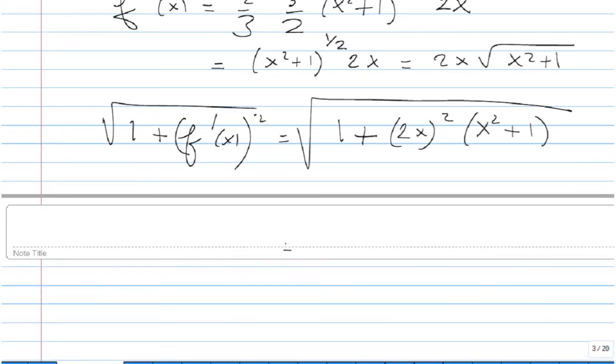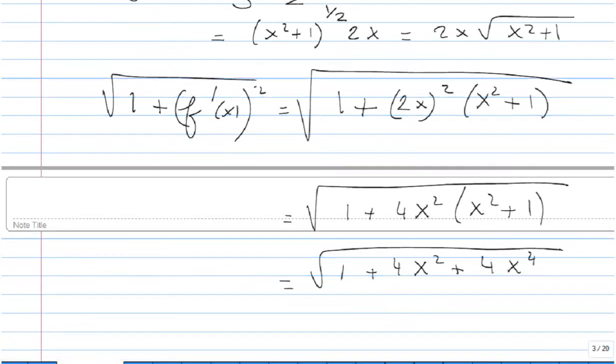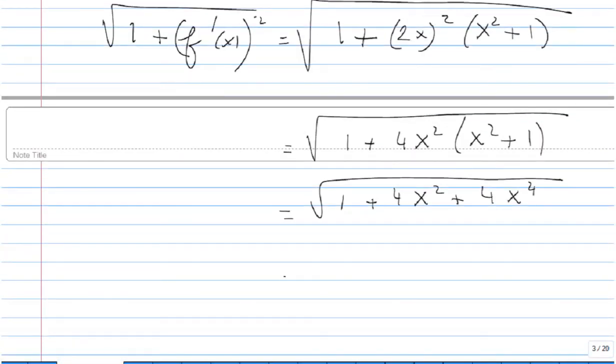If we do a little bit of algebra, that's 1 plus 4x squared times x squared plus 1. That's 1 plus 4x squared times 1, which is 4x squared, plus 4x squared times x squared, which is 4x to the power 4. And here we're lucky because this is 1 plus 2x squared, squared.